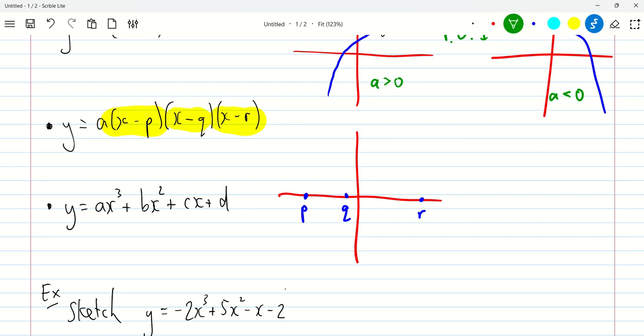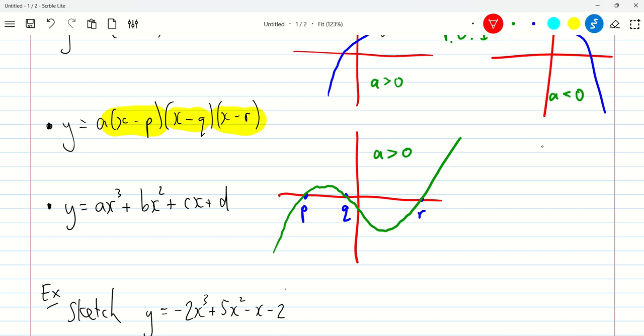So you'll get different x-intercepts at p, q, and r. The function will generally come up, go down, like that. This is if a is greater than 0. Again, it's an increasing function, with x-intercepts at p, q, r. So it will look like that.